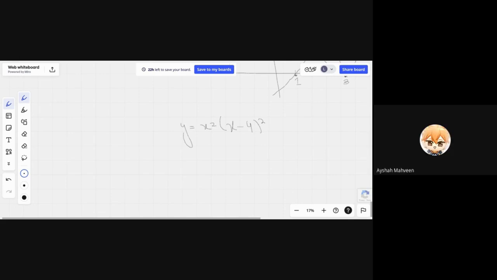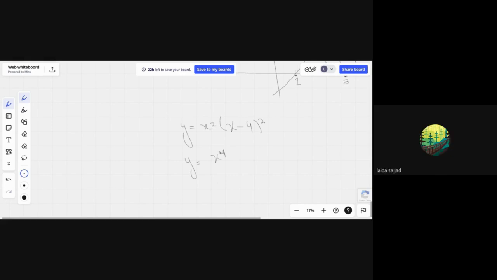The power will be 4. Yes, the dominant term would be x raised to the power 4. Very good. And what's the coefficient? Is the coefficient positive or negative?